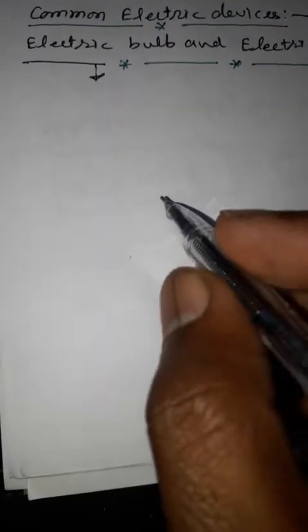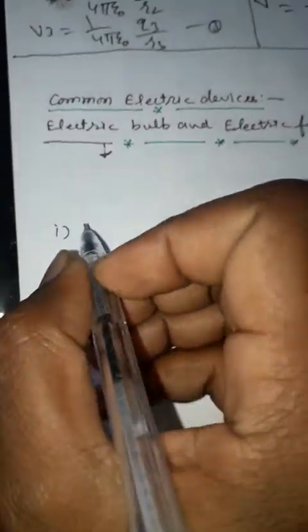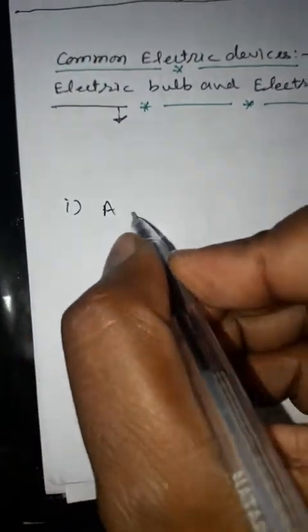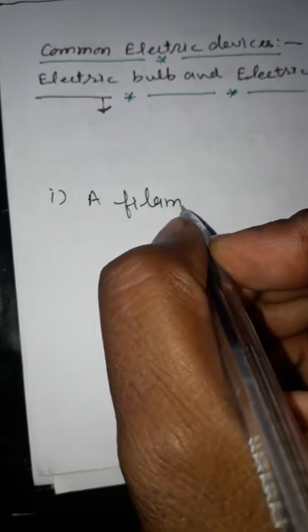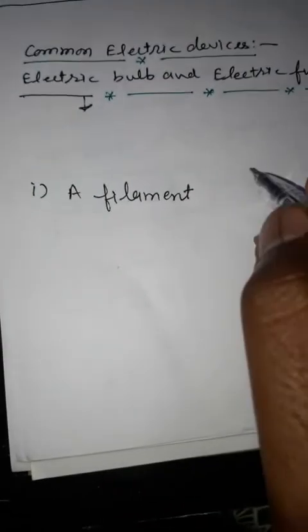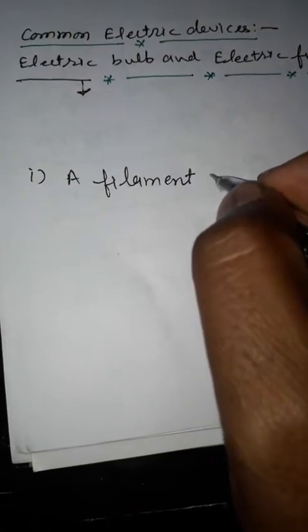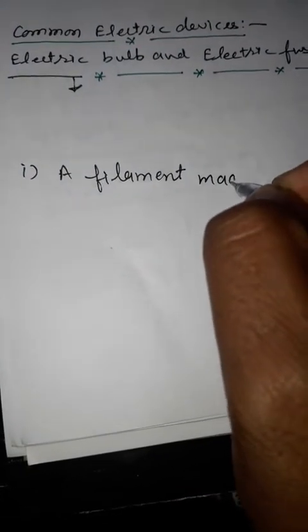From the construction, we know that it consists of, first, a filament. This filament is made of tungsten.